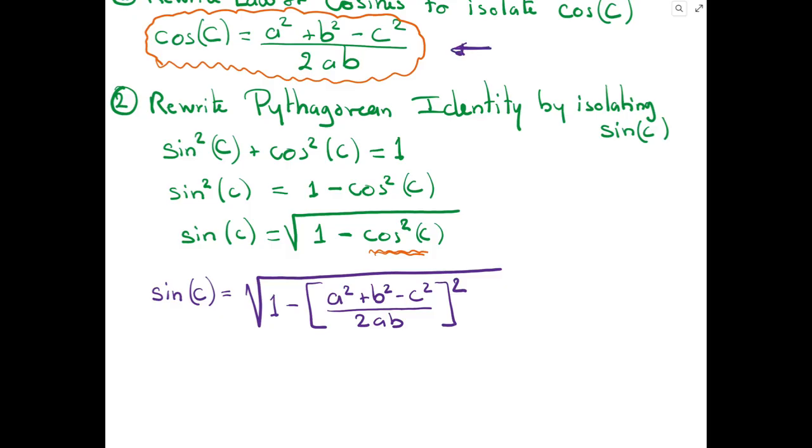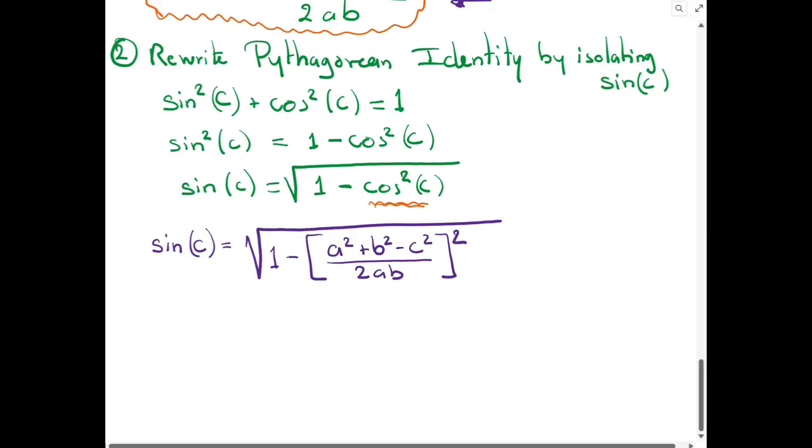From right there. Okay, we're going to keep going. So now, that was my number 3.